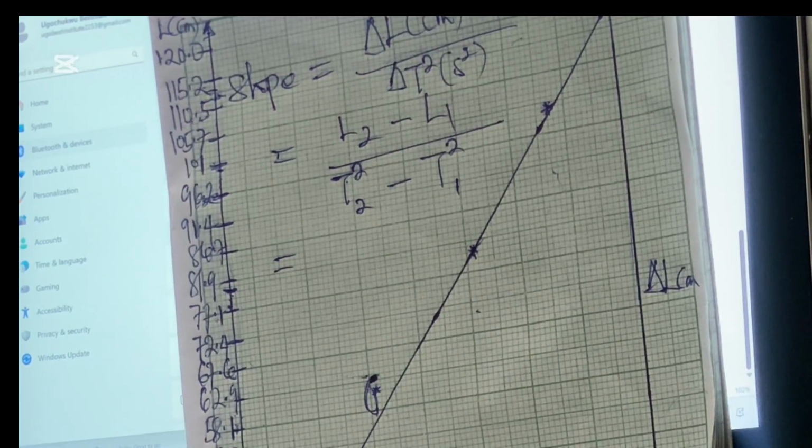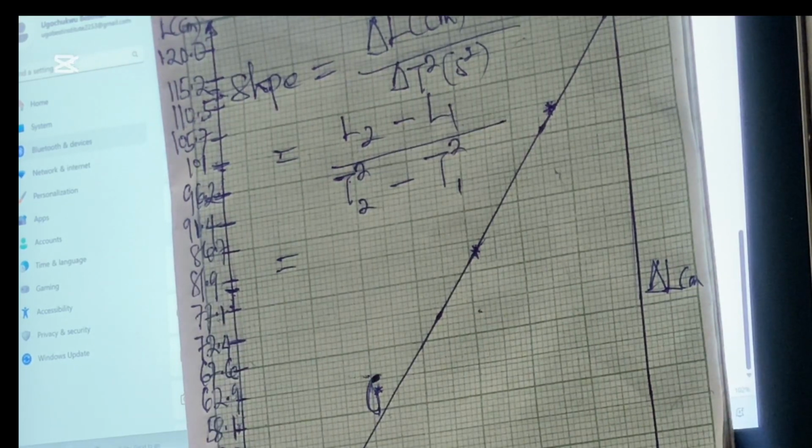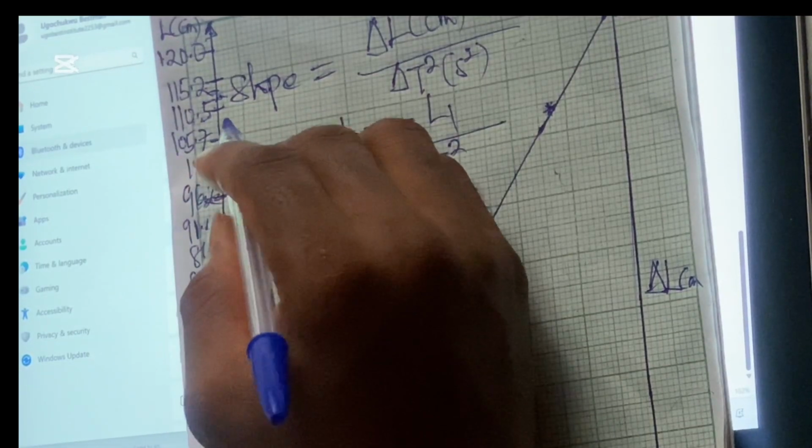So 0.94 plus 0.94 plus 0.94 gave us 2.82.